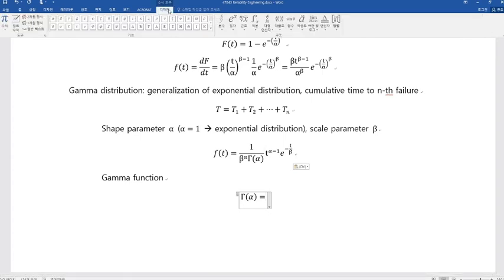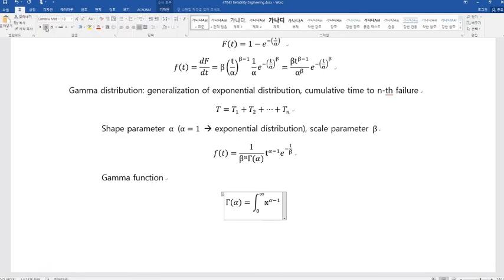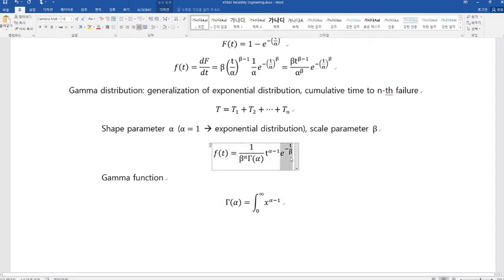So gamma function is defined as the integration from 0 to infinity of x, not t, x to the power alpha minus 1 and exponential minus x.